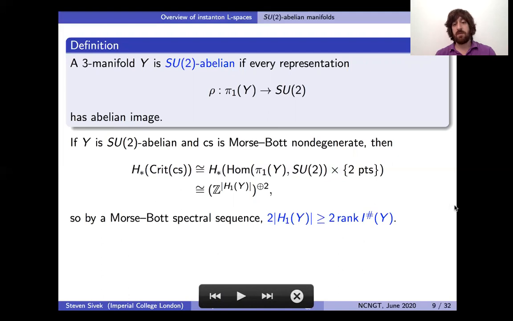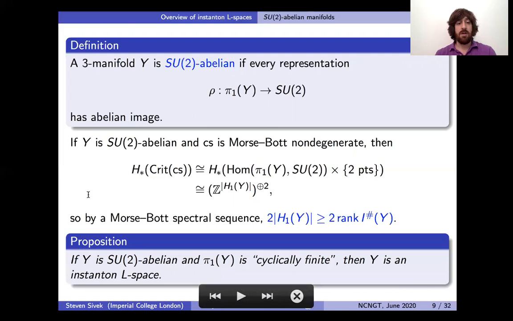And so in that case, this rank inequality is telling us that we have an instanton L-space. So just to restate, if Y is SU2 abelian and this non-degeneracy condition holds, which we can restate in terms of pi1 of Y being what's called cyclically finite, that tells us that Y is an instanton L-space.